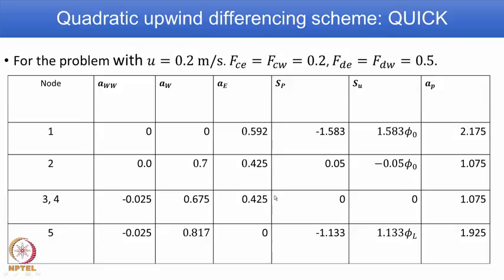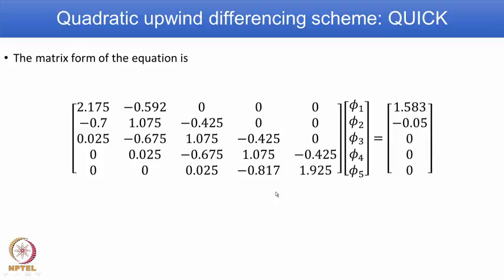Now this needs to be put in the form of a matrix, so that is what you will see here. In the form of a matrix it is shown: there is one coefficient matrix, then there is one unknown column vector, and that is equal to another known column vector. Here phi 1 to phi 5 are nodal values to be determined, and corresponding coefficients are written in this adjacent coefficient matrix.